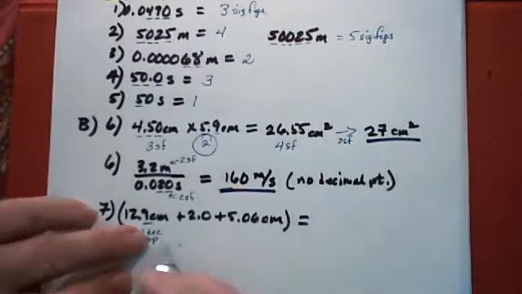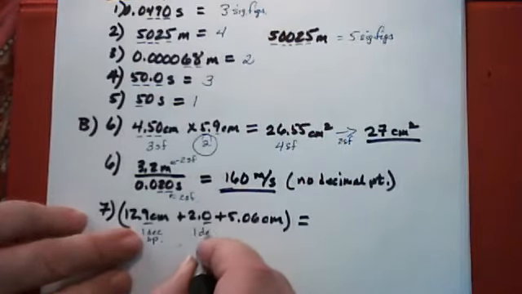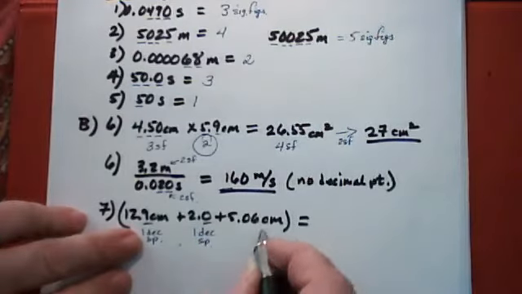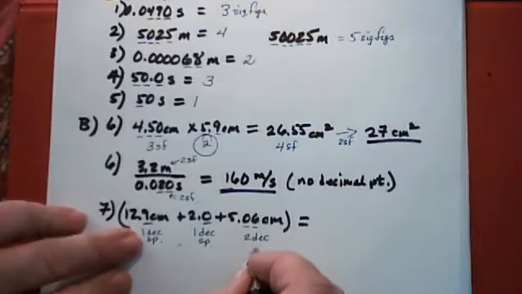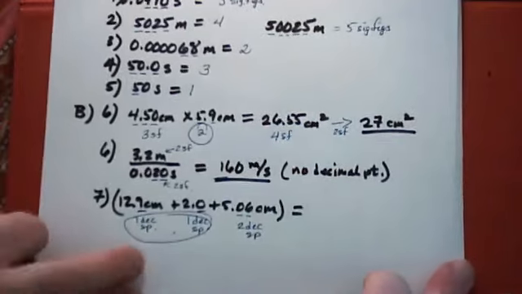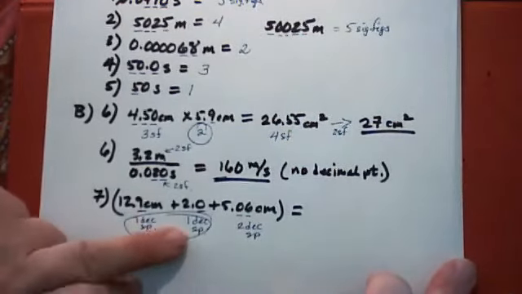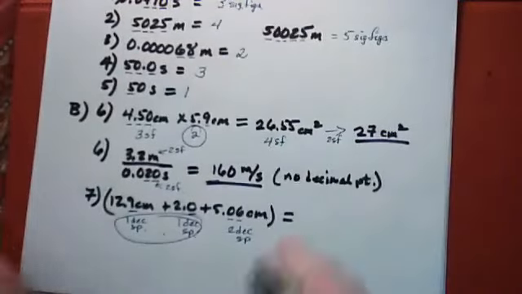So the first number obviously only has 1 decimal space. The second number has 1 decimal space. The third number has 2 decimal spaces. So you go with the fewest number of decimal spaces, which would be 1, which is a tie between the first 2 numbers.